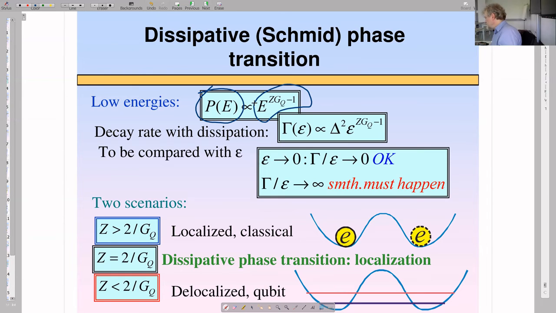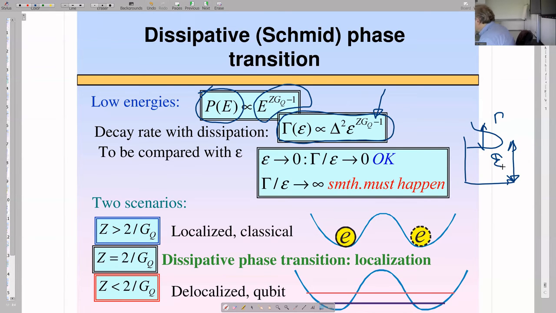From this we can estimate the decay rate in the presence of dissipation. And that also appears to be a power law function of energy. But gamma, the width of the qubit level, so that the spread of the levels is gamma, can be compared with the energy itself.